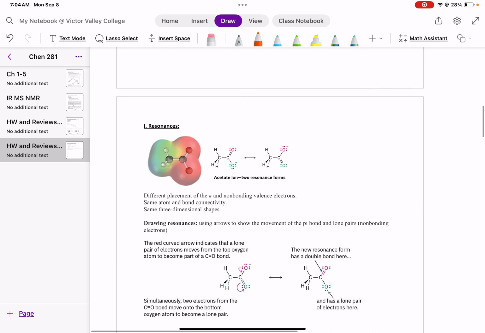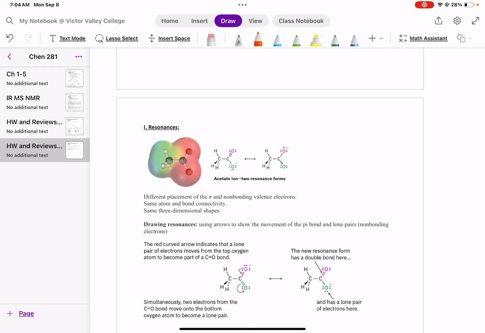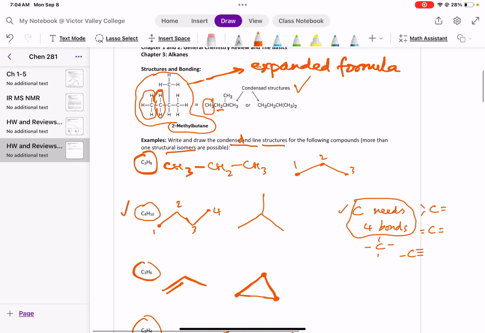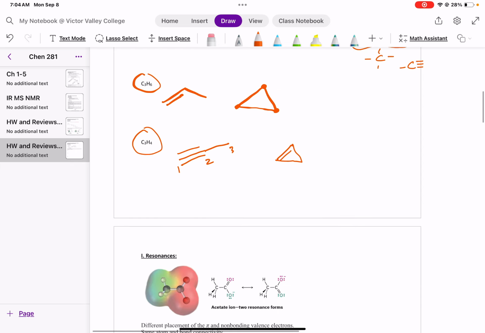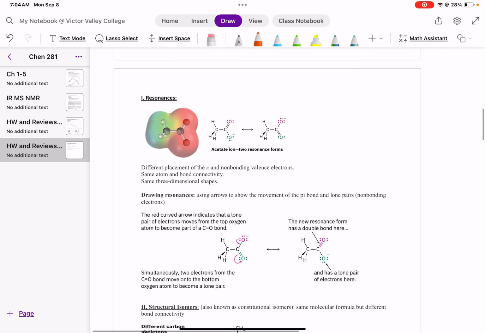Okay. The second big concept that we need to know is resonance. The first one was structural isomers, as we did here. The second big concept will be resonance, and being able to tell the difference.